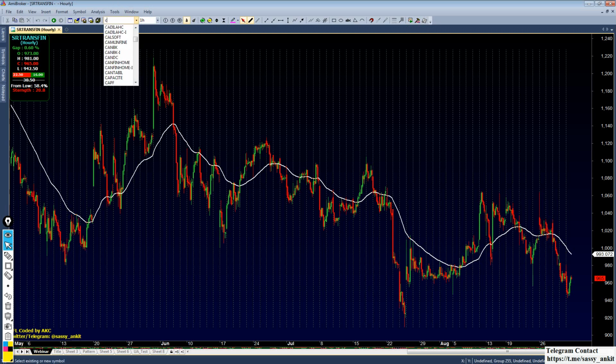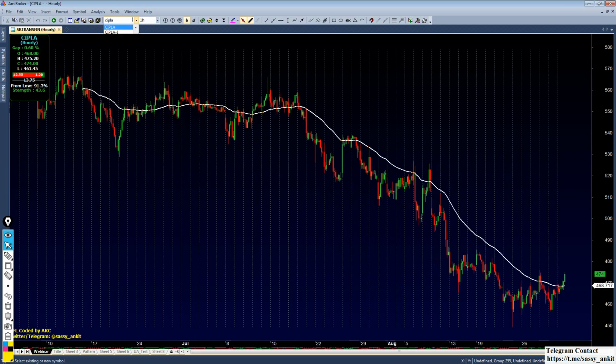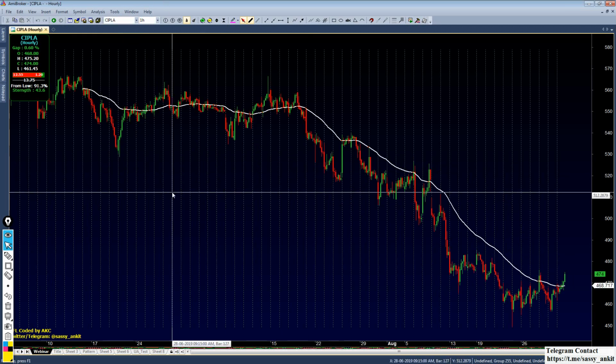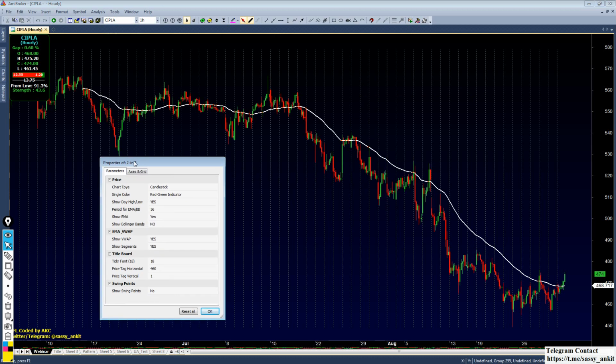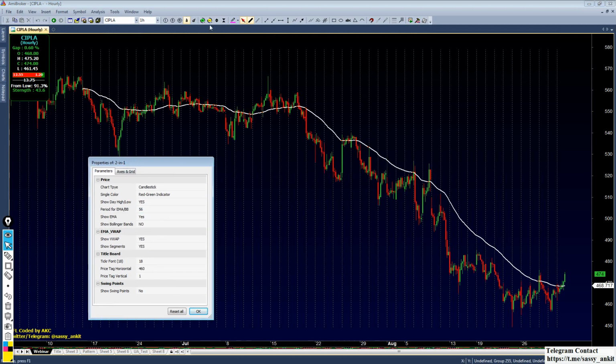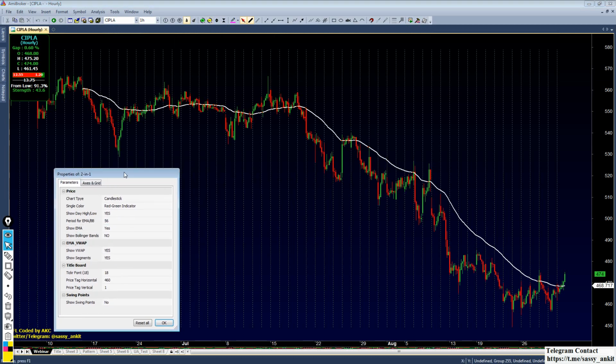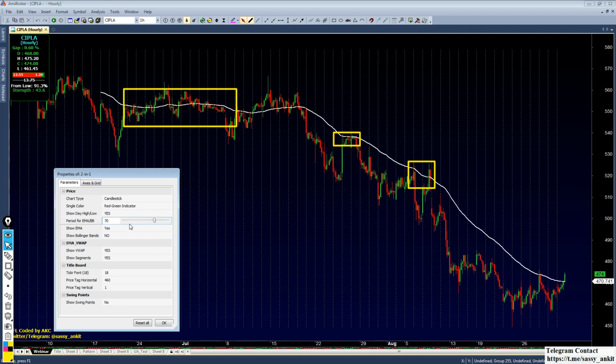Okay, take this, Cipla. So here we are. Let me zoom out the chart a little bit and adjust the trend lines. Now I'm definitely looking at these lows and something here in between these zones. So let's see which trend line gives the proper results.